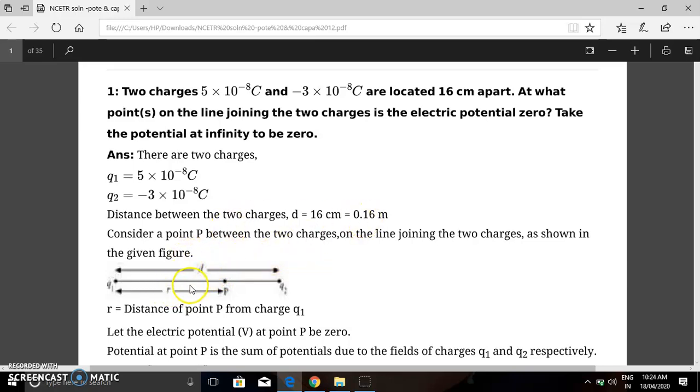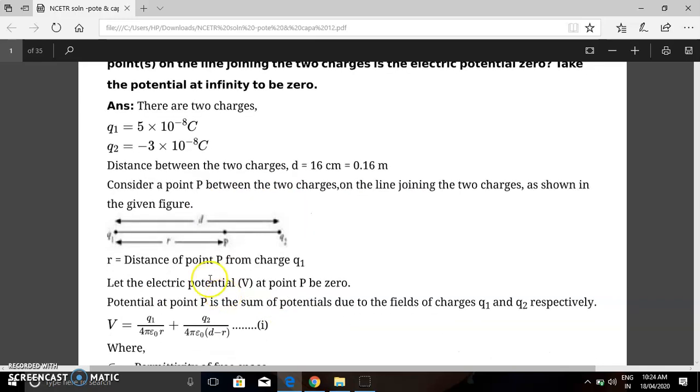Now, in order to find where the electric potential will be 0, consider two charges Q1 and Q2 at distance d, and consider any point P at distance r from the first charge and distance d minus r from the second charge.